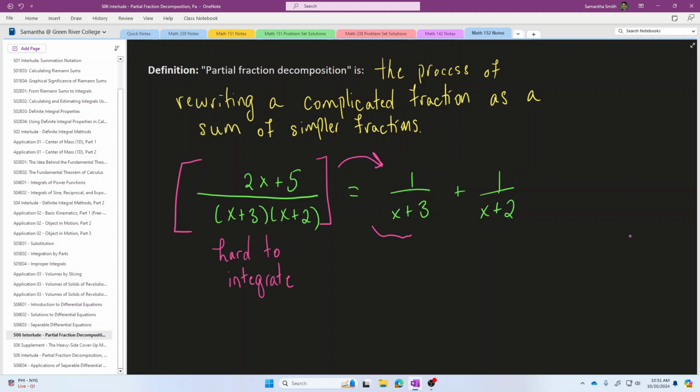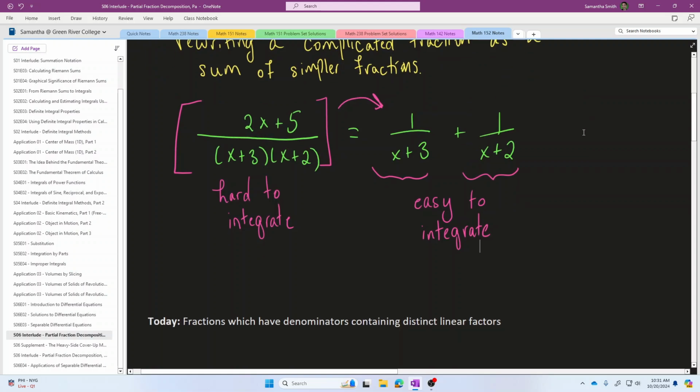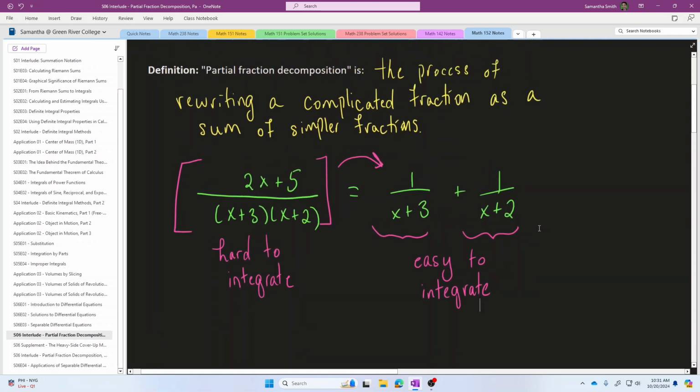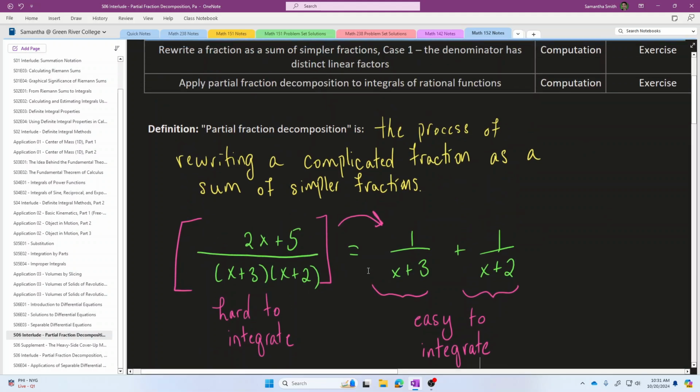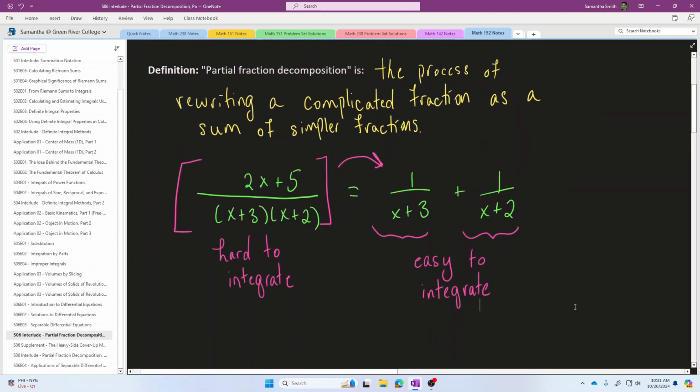But each of these simpler fractions on the right would be easy to integrate, just using a very basic u substitution and the integral formula corresponding to natural log. So partial fraction decomposition gives us a way to rewrite a difficult fraction that's hard to integrate in terms of simpler fractions that are easy to integrate.